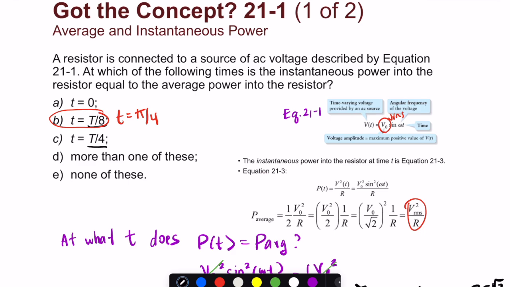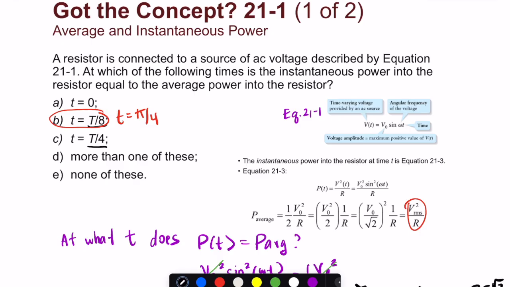We have a resistor connected to an AC voltage source described by equation 21.1, which is this. And the question is, at which of the following times, t equals 0, t equals 1/8 of the period, or t equals 1/4 of the period, is the instantaneous power equal to the average power?